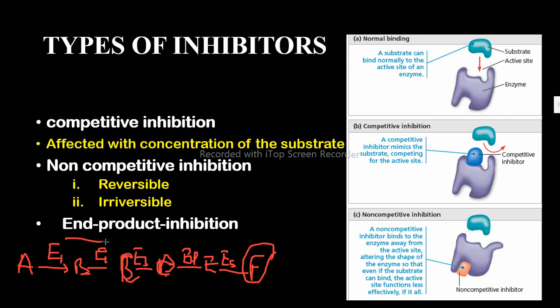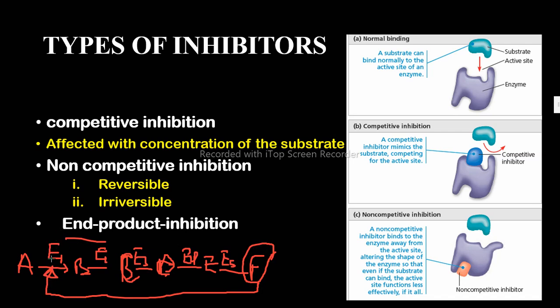And what is end product inhibition? In this case, for instance, the product that is formed, which is F, can inhibit the enzyme that controls the first step. So that if F accumulates, then this enzyme is inhibited.